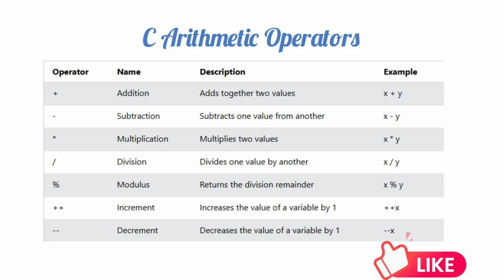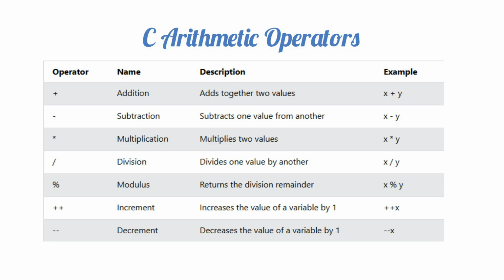Next, we have minus, that is called subtraction. This is used to subtract one value from the other. Next, we have multiplication. This is used to multiply two values. Next, we have division. Division is used to divide the two numbers. Next, we have the modulus operator. This will return us the remainder of the two operands.